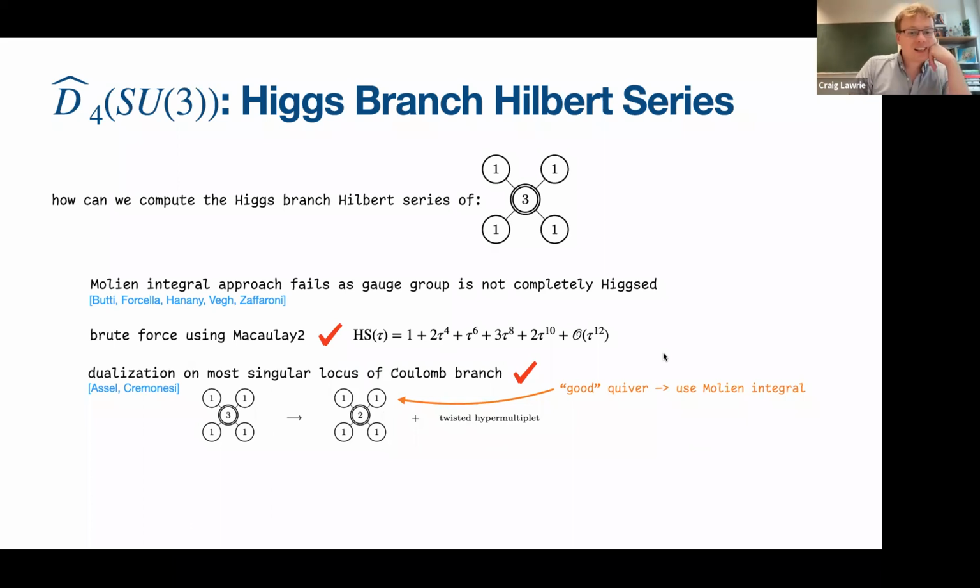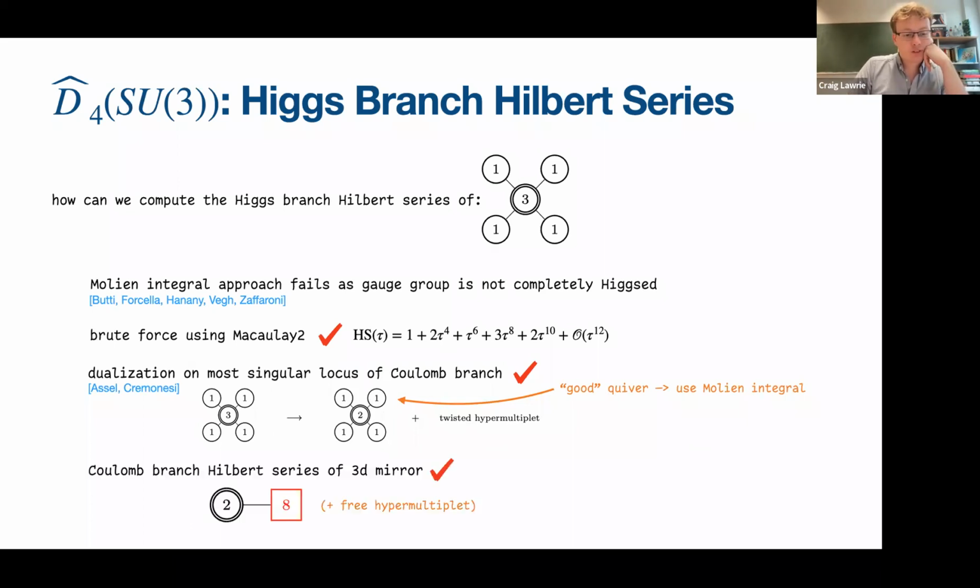Okay. And there's one more thing you can do, which is you can write down the Coulomb branch of the 3D mirror. So the 3D mirror is this quiver here, i.e. it's SU2 with 4 fundamentals. That thing we know very well. The key point is the 3D mirror also includes a free hypermultiplet, which you can think of as coming from the twisted hypermultiplet over here.